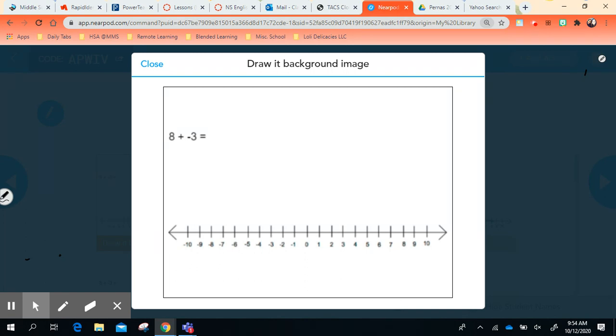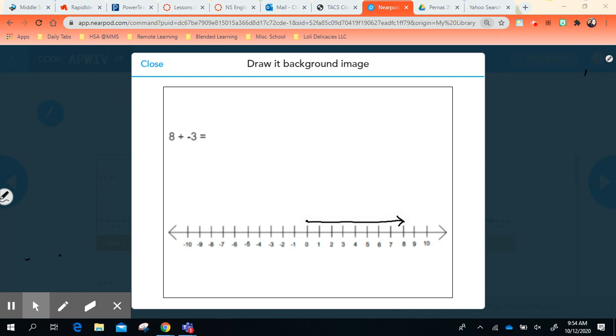Okay, let's go ahead and look at it. So remember, we always start at 0. So I go to 0 and I go 8. So 8 is my first number. And sometimes they'll ask you to put a little dot at your starting number. I'm not going to ask you to do that, but just keep that in mind.